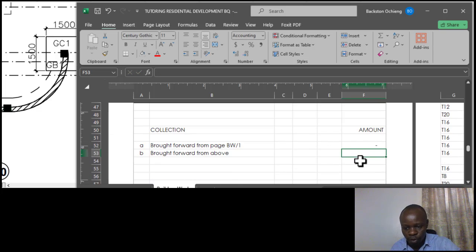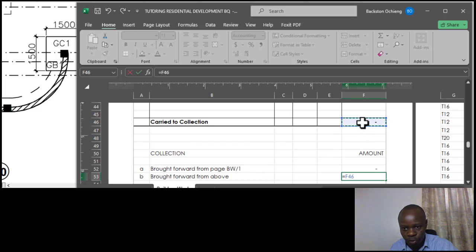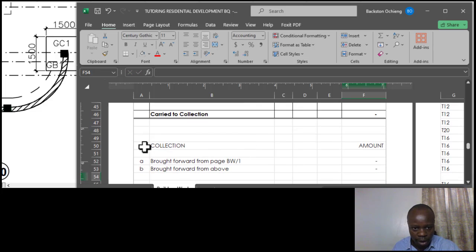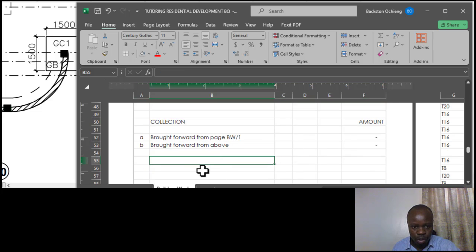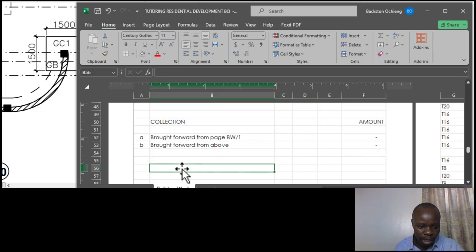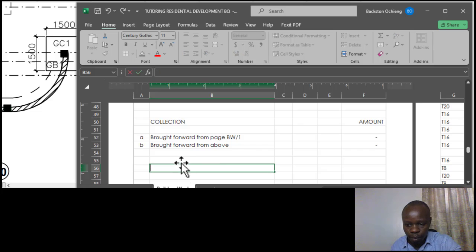And then brought forward from above is just what you've just added there, and for you to make your work look even neater, at this point you can write total.